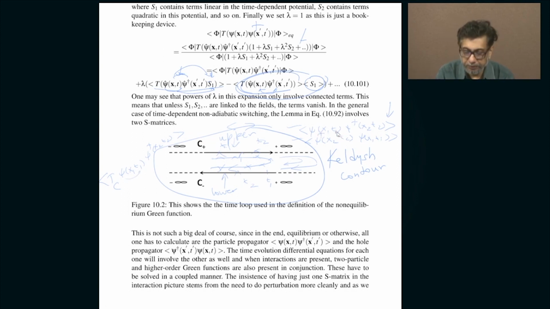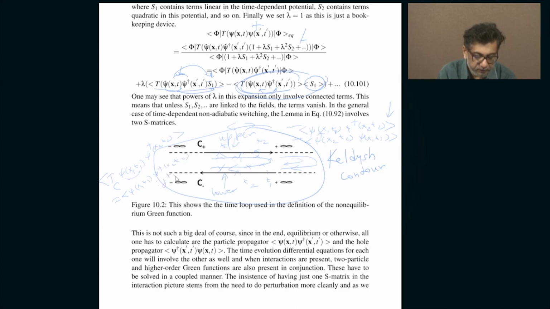If you want the reverse, you want a hole Green's function. Time ordering means T1 is greater than T2 in the sense of this contour. So, if T1 is greater than T2 on the contour, this is basically psi of x1 T1 psi dagger x2 T2.